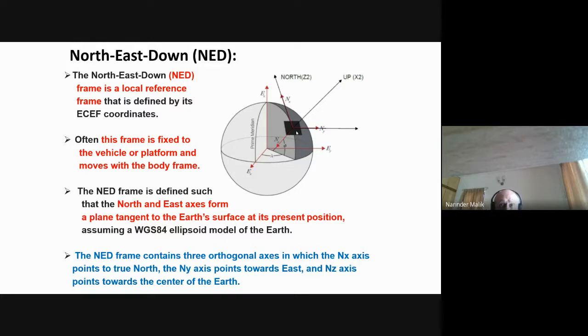So when the satellite is at a particular latitude and longitude, you draw a NED or NEU, whichever is applicable at that point of time, assuming a fictitious sphere at that orbital height.